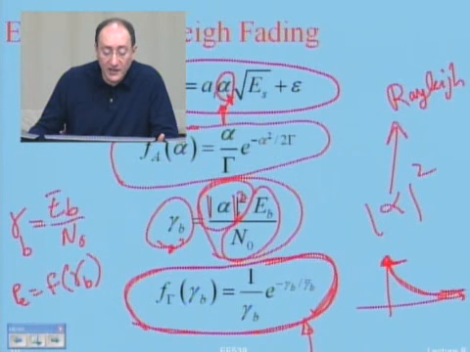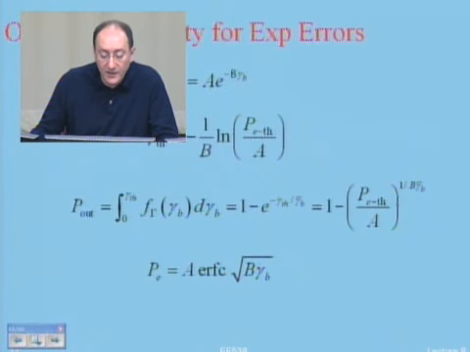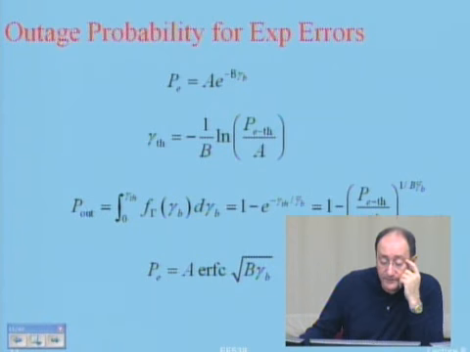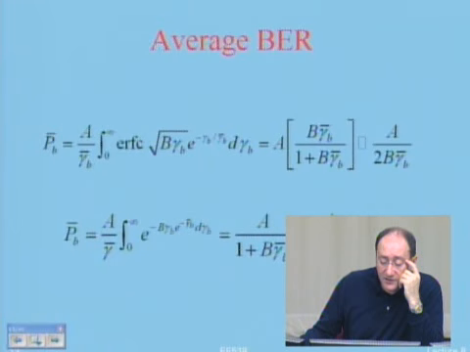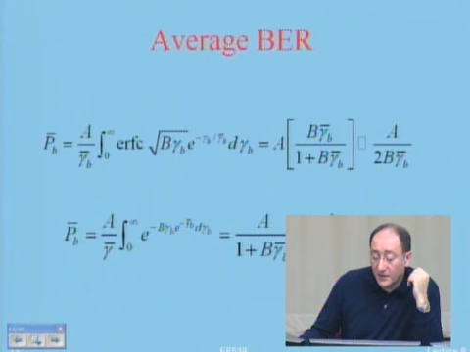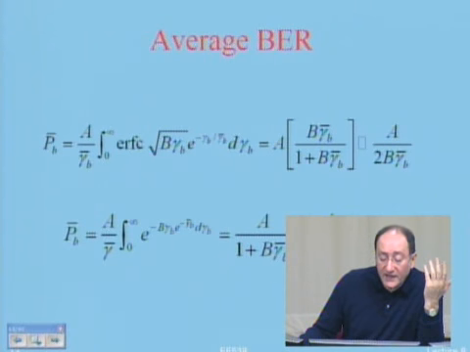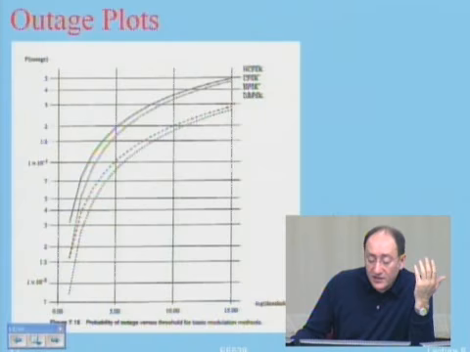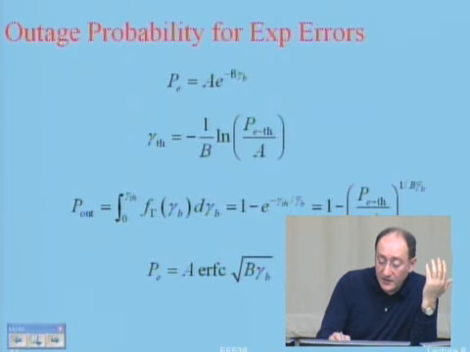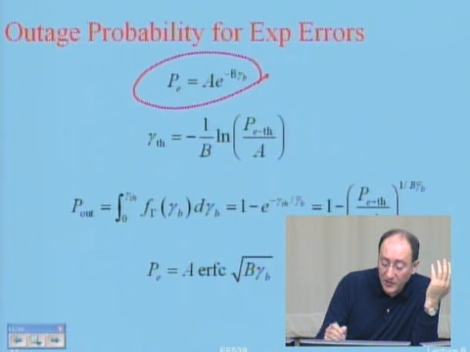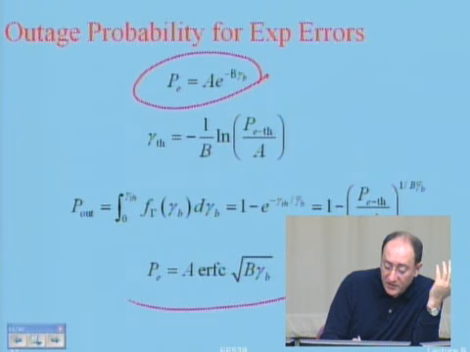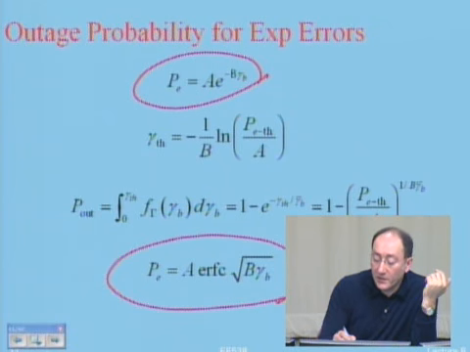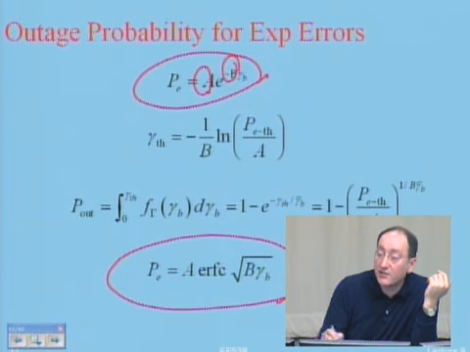To describe that, let's go through some examples. Let me first come to the average probability of error. The way that I had it before, my probability of error was either something like PE exponential, or it was like PE ERF, and I had two parameters, A in here and B in here.